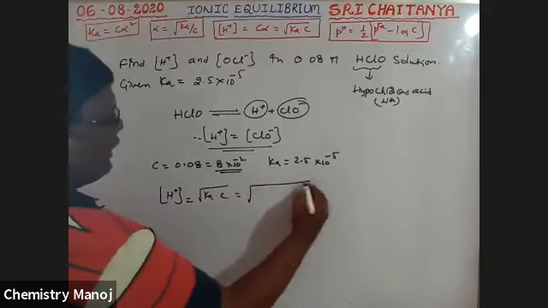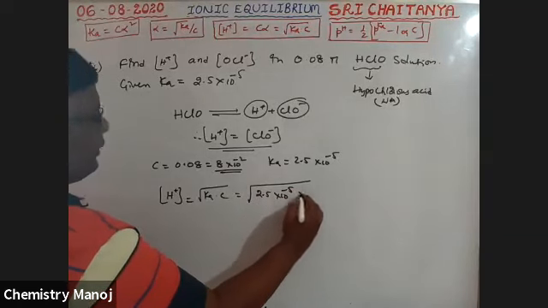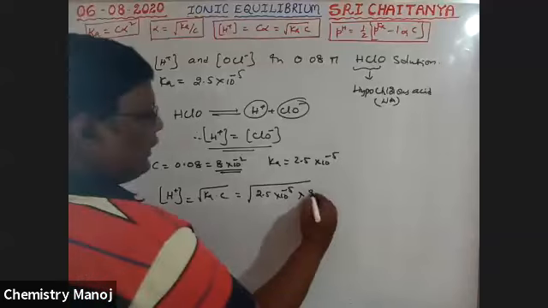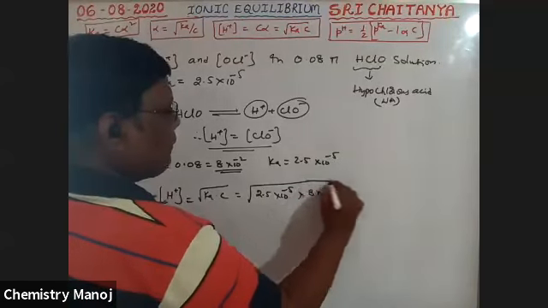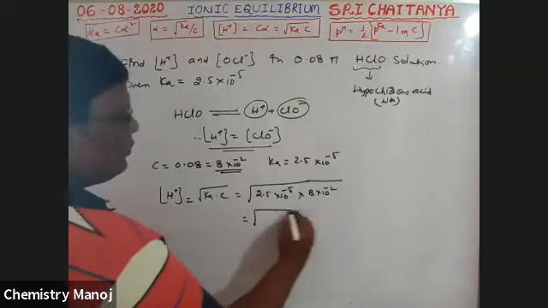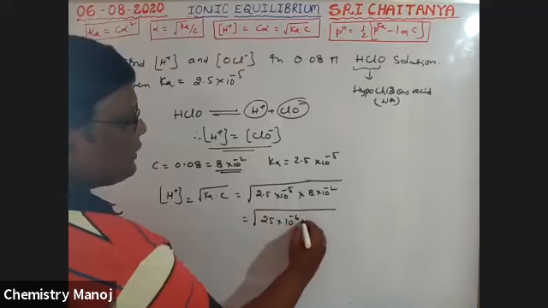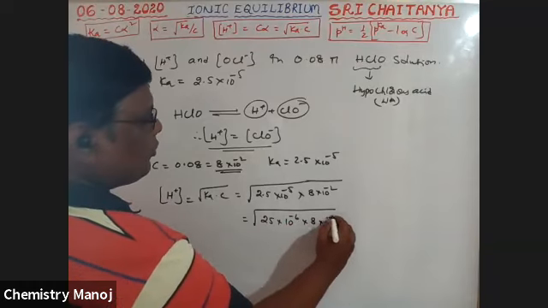Under root Ka, 2.5 into 10 power minus 5, into C, 8 into 10 power minus 2, which is equal to under root 25 into 10 power minus 6 into 8 into 10 power minus 2.